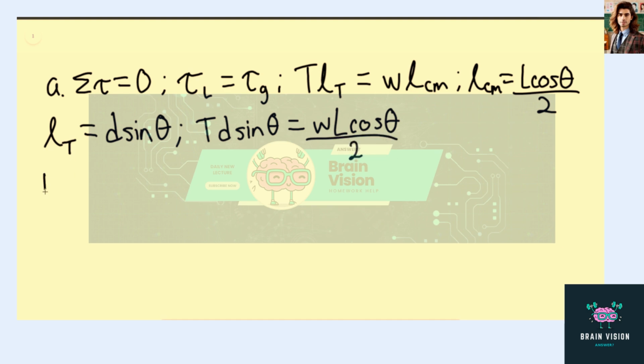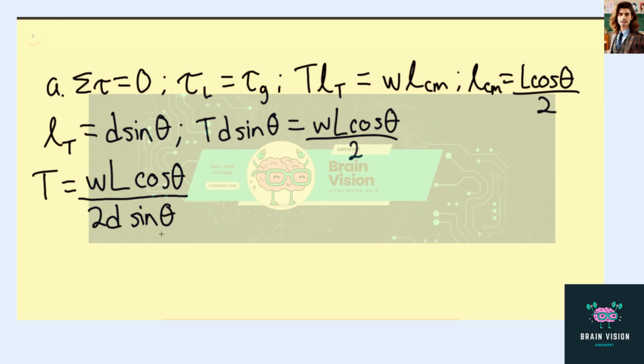So T is equal to the weight times L times cosine of theta divided by 2d sine of theta, and this is equal to the weight times the length divided by 2d tangent of theta.